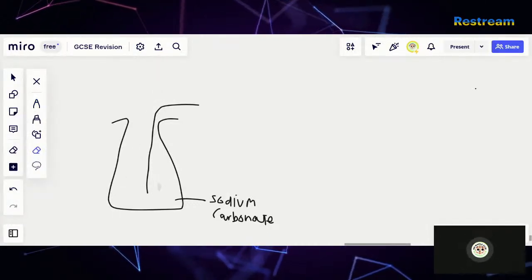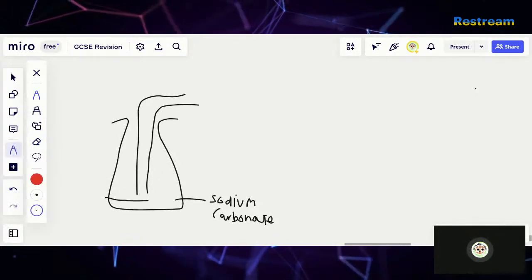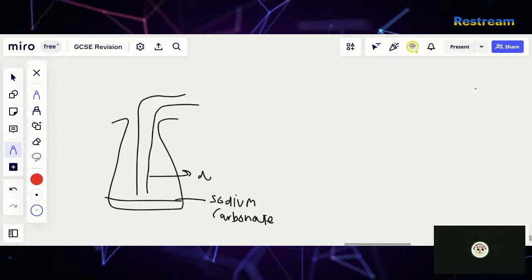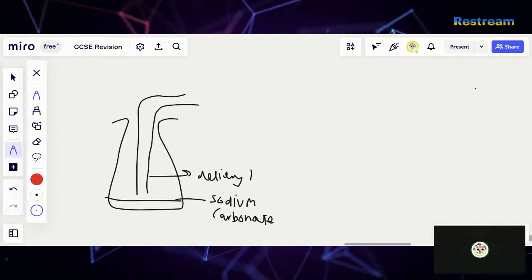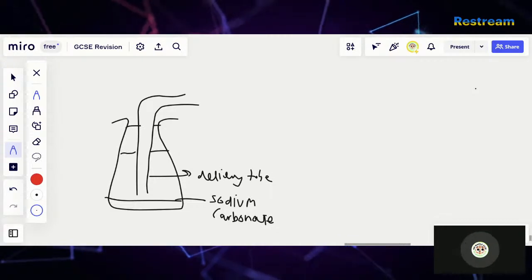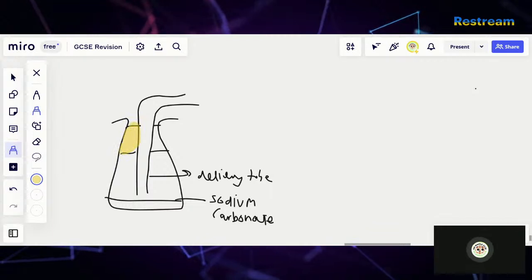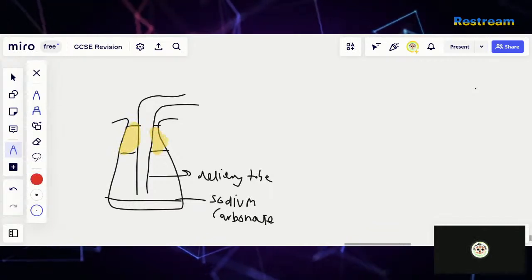The reason why is acid will not actually get into the liquid, so we need the acid just below the delivery tube. Now we're also going to use a rubber bung to prevent the sodium carbonate spitting out.